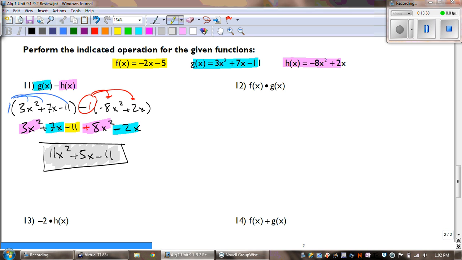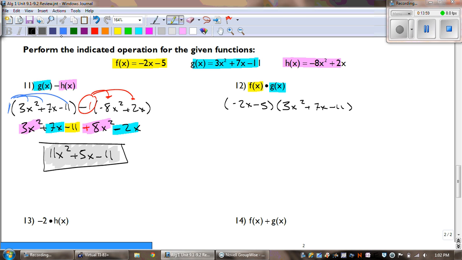Okay, number 12, it's asking us to multiply. And we're going to multiply f of x times g of x. So -2x minus 5 times 3x squared plus 7x minus 11.